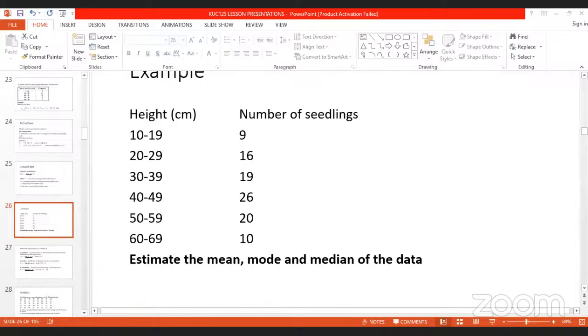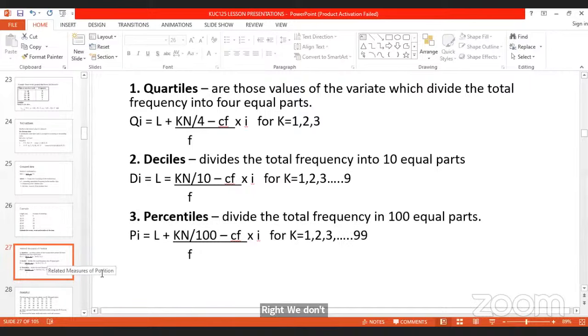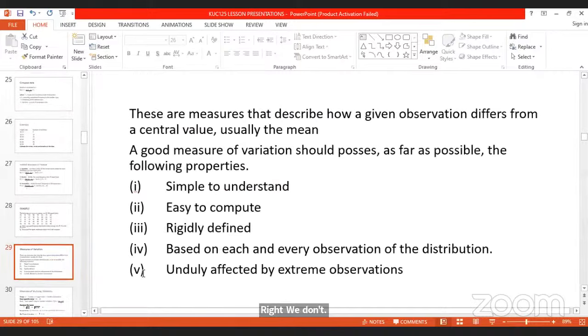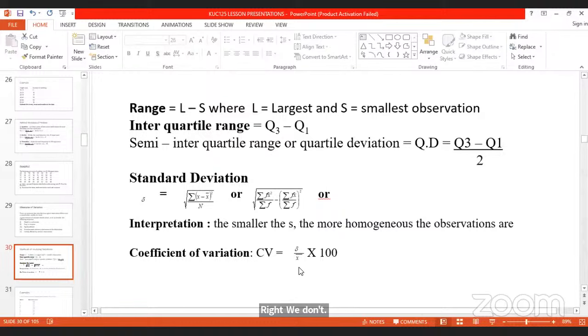Right. I don't write, I just share with them. Your methods of studying variation.